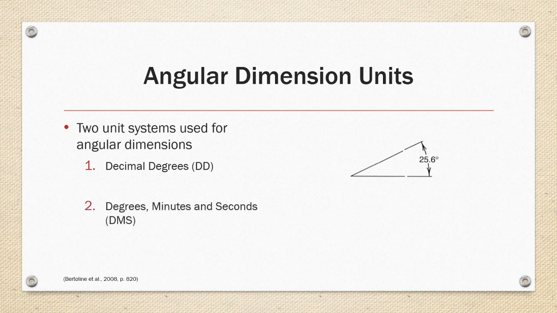Or in the form of degrees, minutes, and seconds, abbreviated DMS, as shown as the second example on the right. In the DMS system, a degree is divided just like time, with 60 minutes in a degree, and each minute is comprised of 60 seconds.